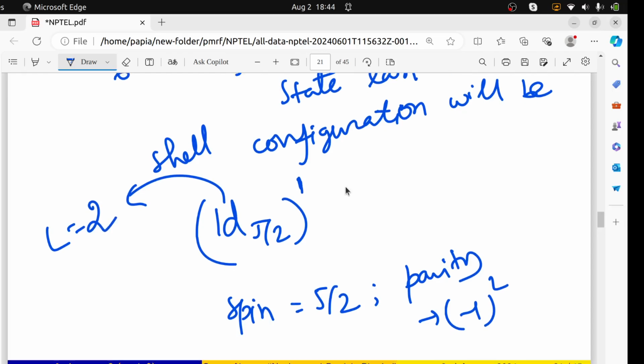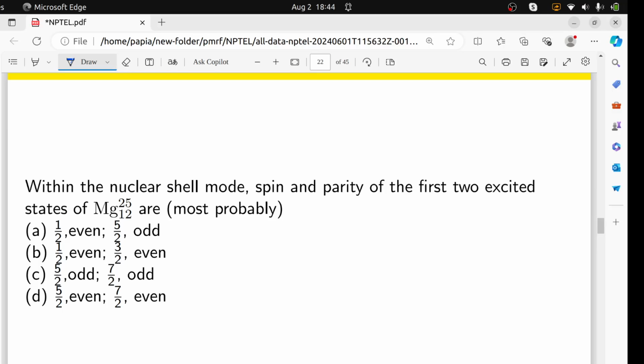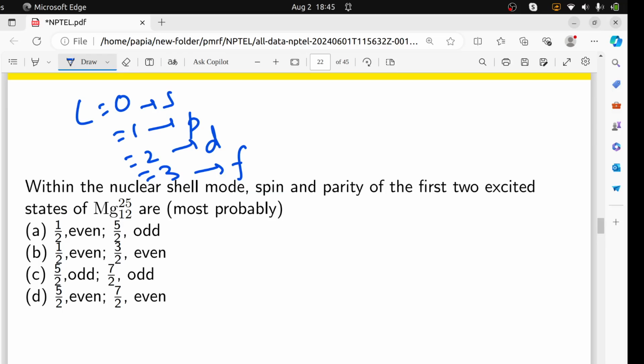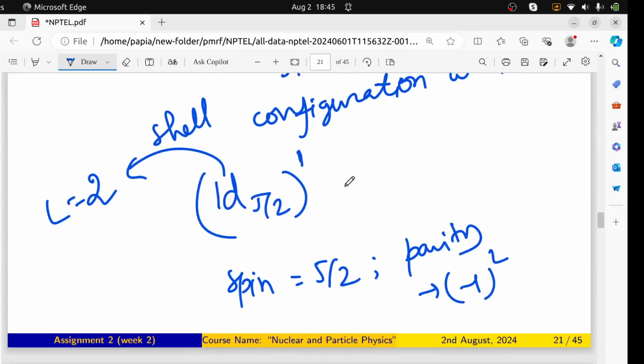I'm writing this so many times because L equals 0 is S, P, D, F. Okay, so L equals 2. So (-1) to the power 2 is positive. That means even parity. So the spin is 5/2 and the parity is plus.